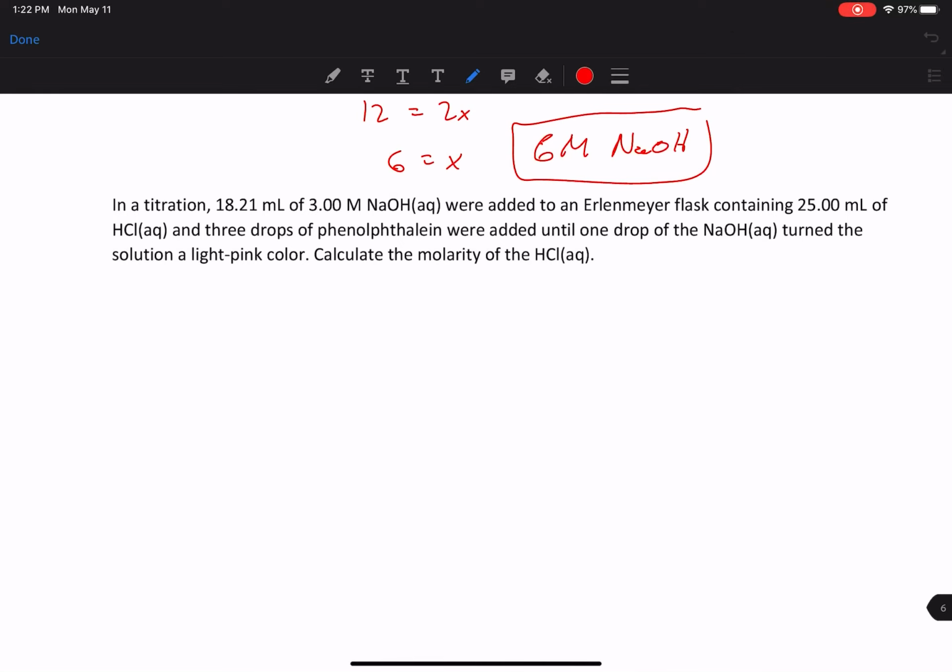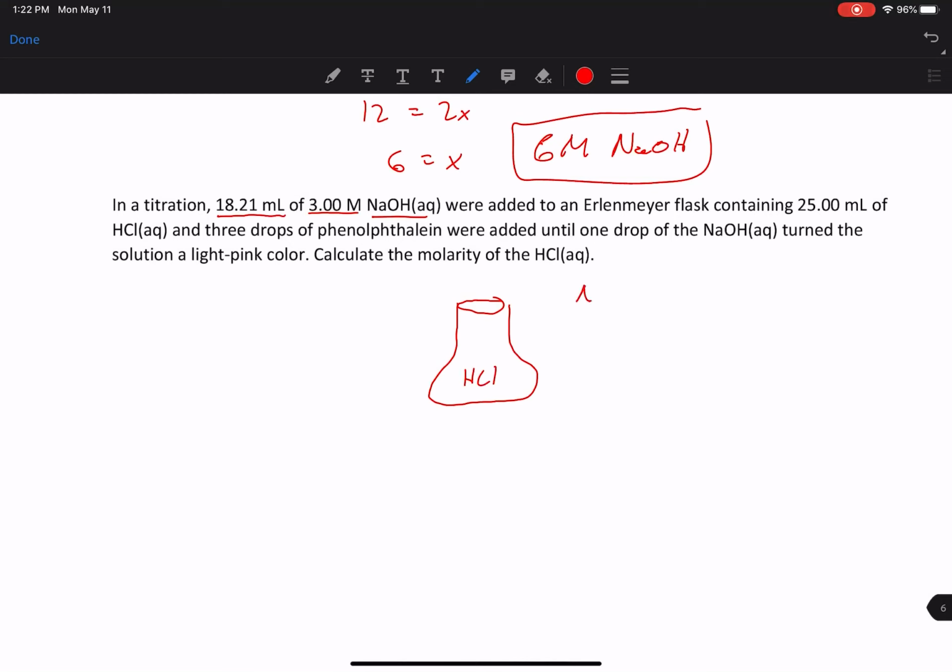So in a titration, again, that's what all these formulas are on, we have 18.21 milliliters of 3 molar sodium hydroxide. So right away, that's going on the side of your base. They're added to an Erlenmeyer flask. So if we draw out an Erlenmeyer flask containing 25 milliliters of HCl.